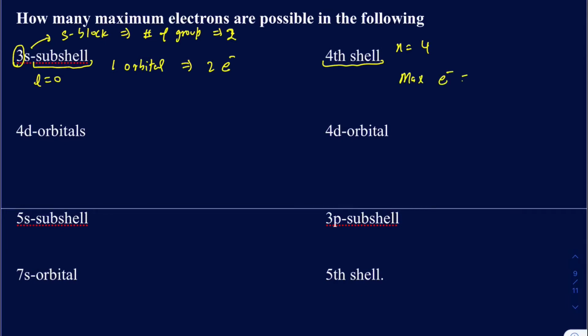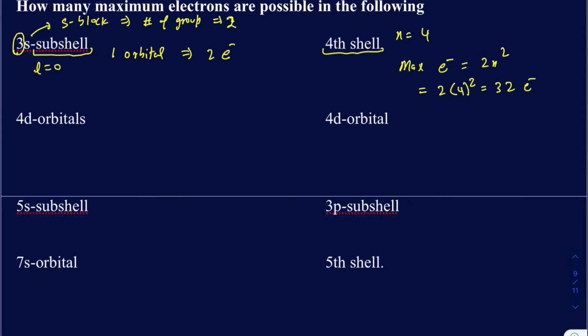Remember, this formula only works for the shells, all right? Not for the subshells, not for the orbitals. So max electrons is going to be equal to 2n squared, where n is the value of the shell. I'll go ahead and plug that in. So it's 4 squared times 2, and that gives you 32 electrons maximum in this 4th shell.